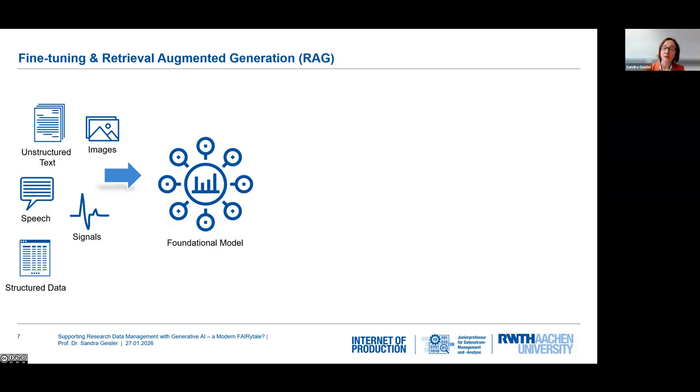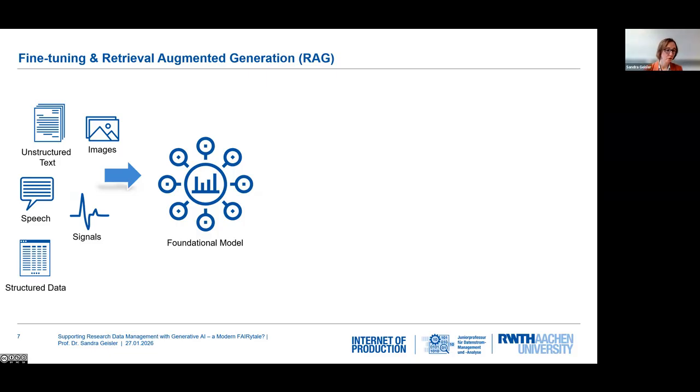Usually what we start from when we talk about using an LLM, using generative AI, is that we have some kind of model. The big models like GPT, DeepSeek, and so on, which are so-called foundation models, are usually multi-purpose.